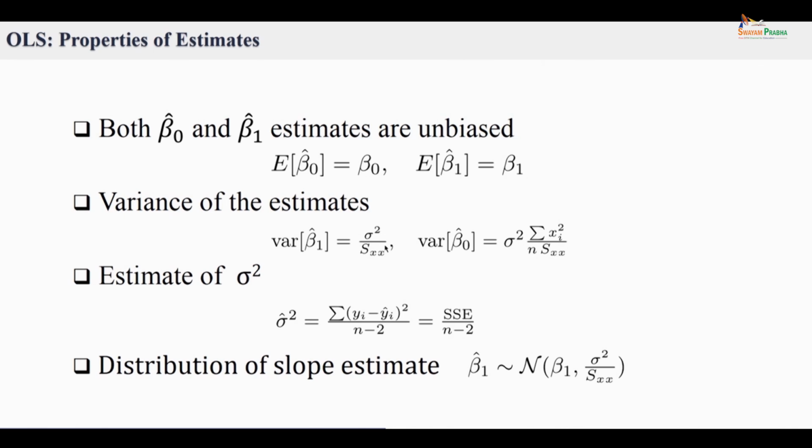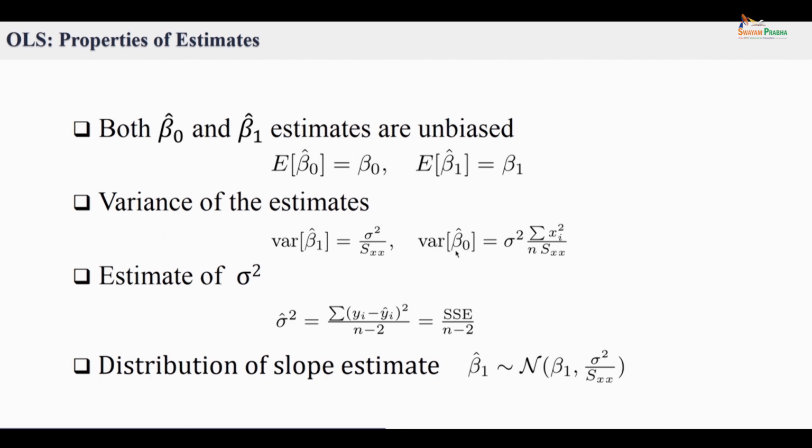Sxx represents the variance of x, that is, x minus x bar the whole squared, summed over all the samples, whereas sigma squared represents the variance of the error that corrupts the dependent variable y. So, sigma squared is the error variance, and Sxx is the variance of the independent variable. This ratio we can show will be equal to the variance of beta 1 hat.